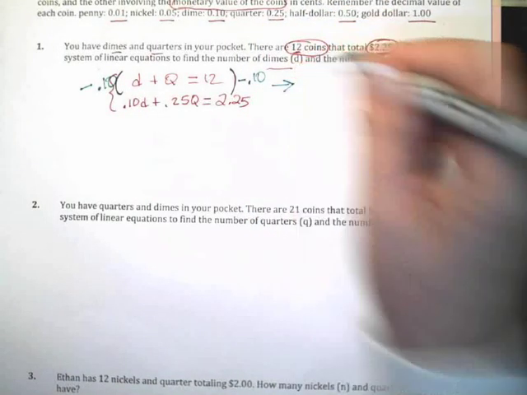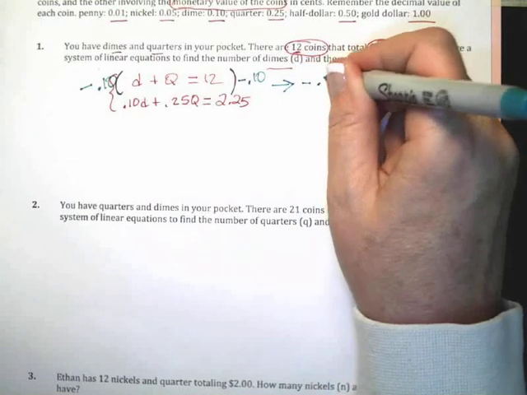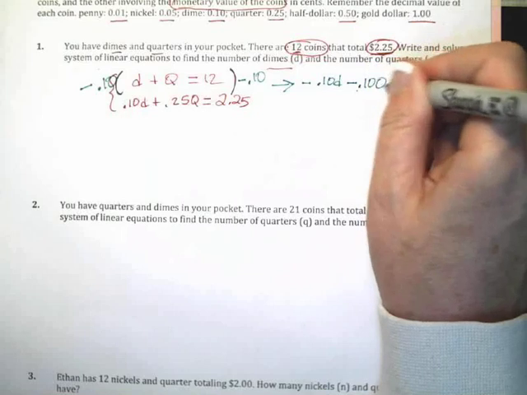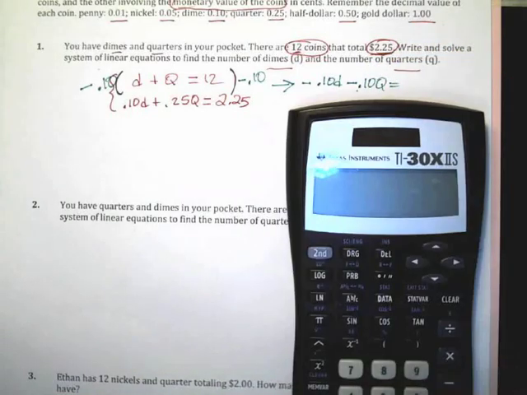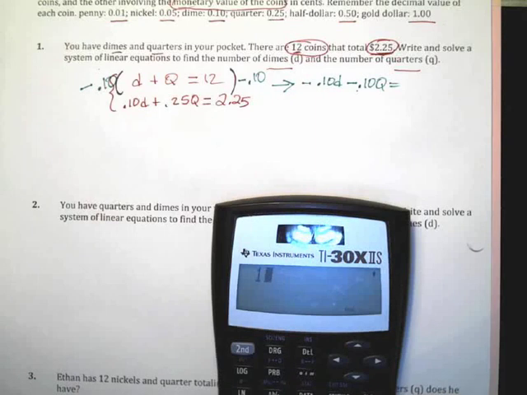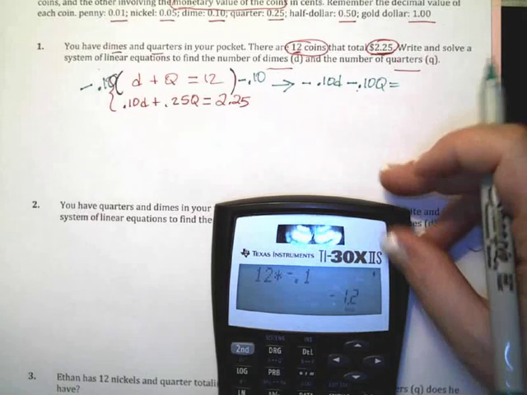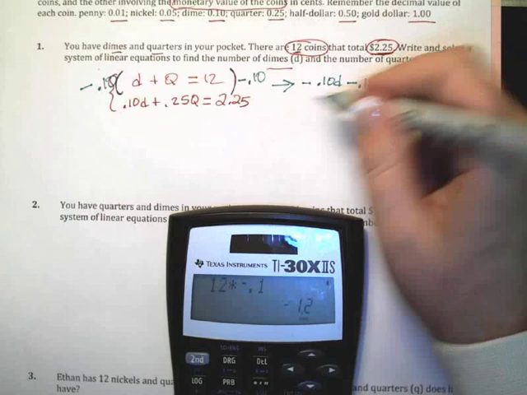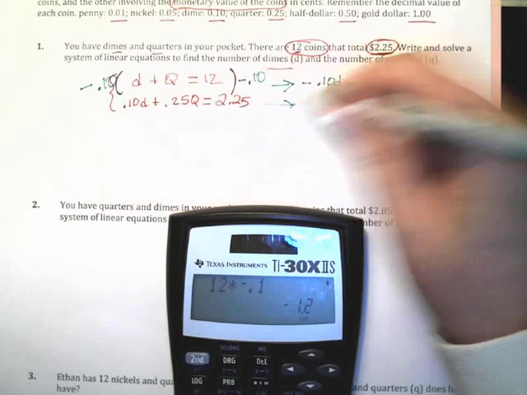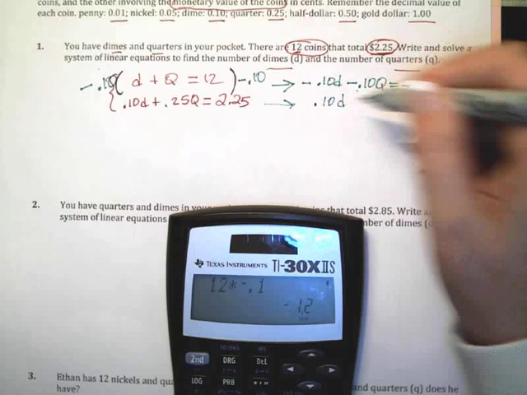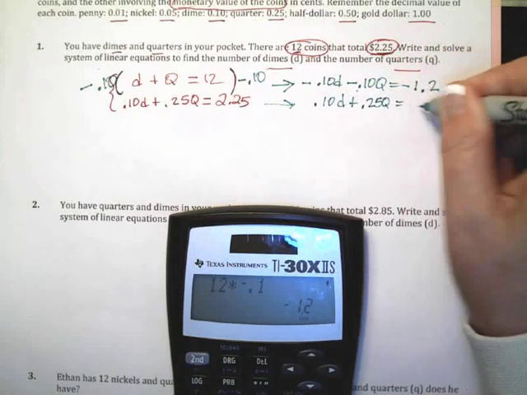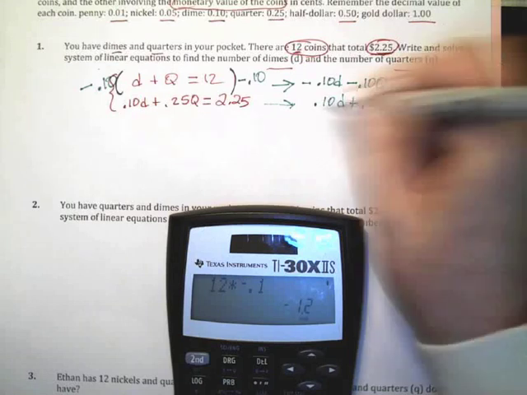So my new equation becomes negative 0.10D minus 0.10Q is equal to, you'll definitely want a calculator for this section, 12 times negative 0.1 is equal to negative 1.2. The bottom equation, I'm going to rewrite the exact same. Just being very careful with these decimals. Not leaving a decimal out.